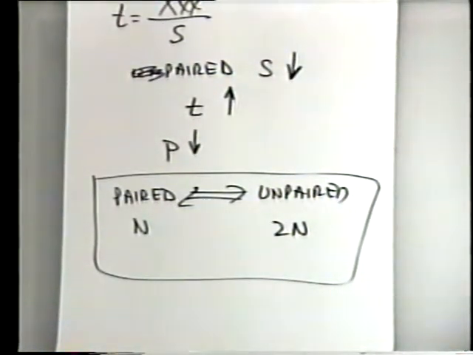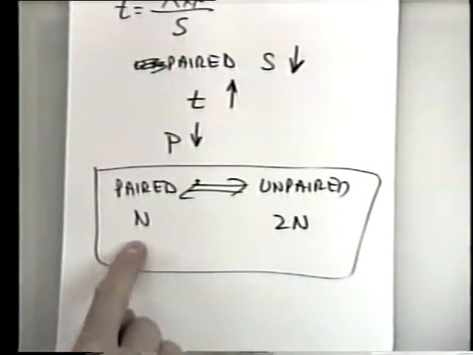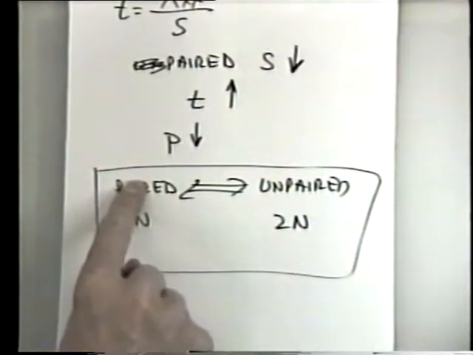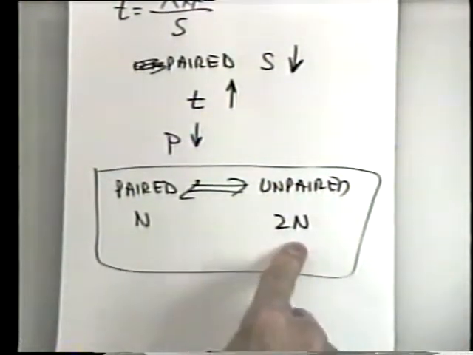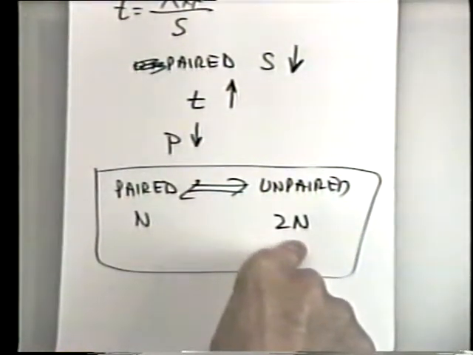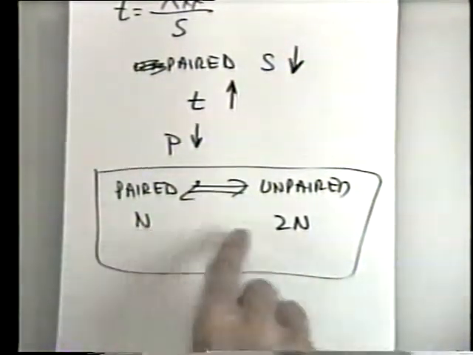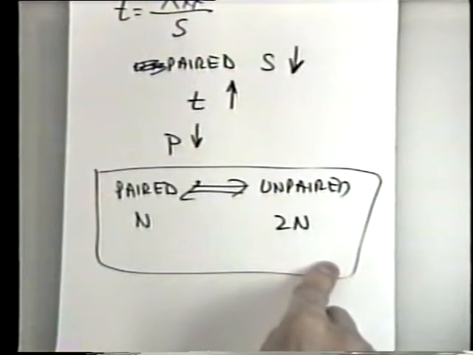So for the same amount of data, if they're legitimately paired, we have to do only half as many experiments if we have pairing in the data. And this is quantitatively what it works out to.